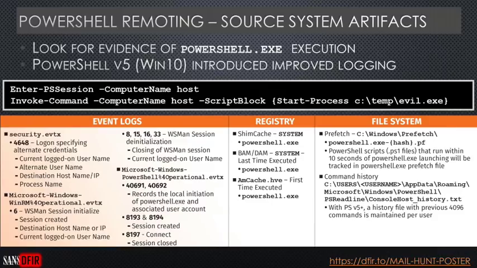And then also what's interesting is with PowerShell version 5, we now have a command history of up to the past 4,096 commands. It's actually maintained on a per user basis in a plain text file in the path we show there. So that could be really useful as well if the attacker had interactive access.